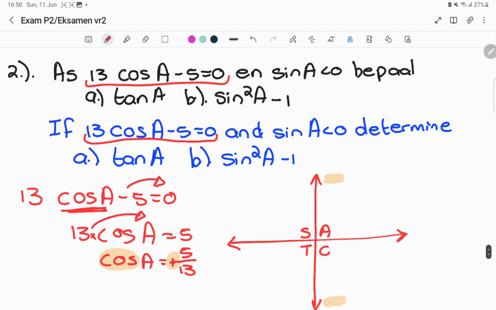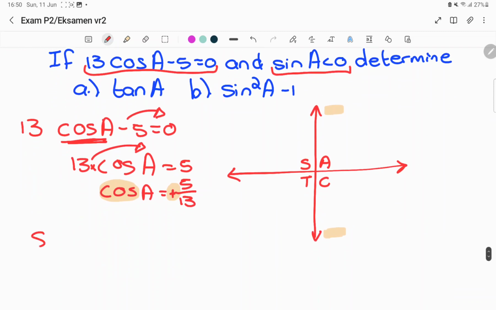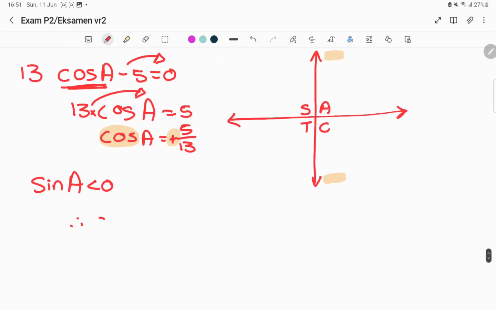Then we move on to the second part of information. The second part says, and sine A is less than 0. Going back to what we remember, if something is less than 0, it means it is negative. So where is sine A negative?